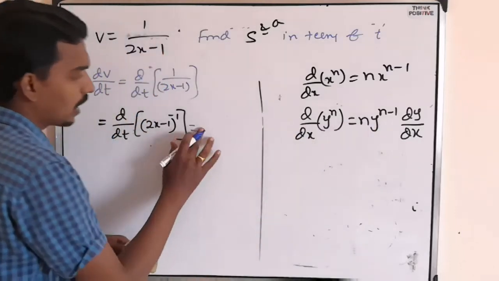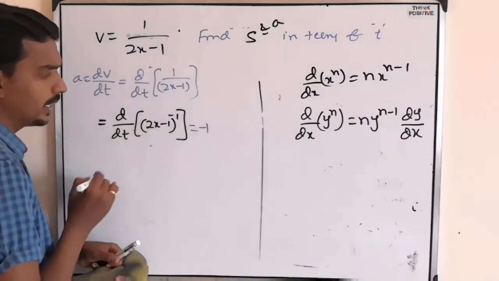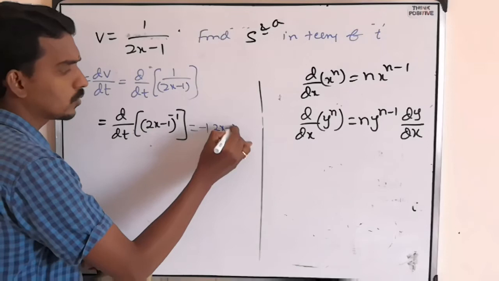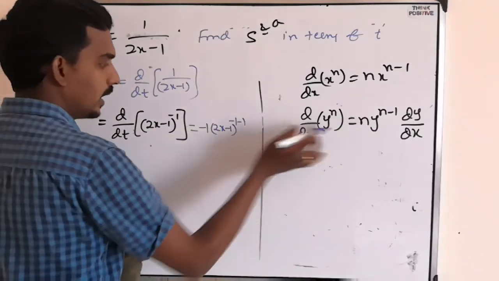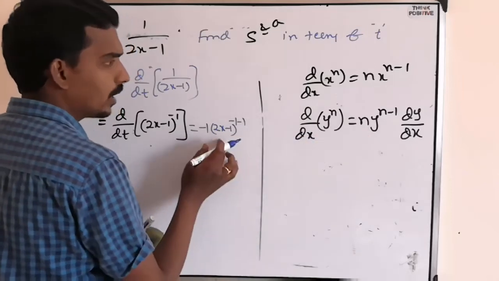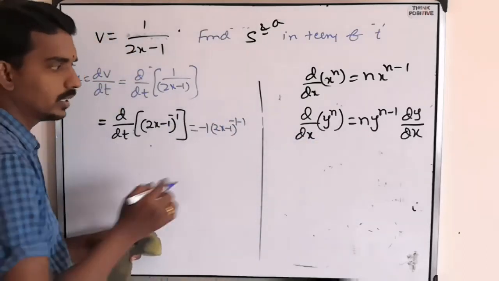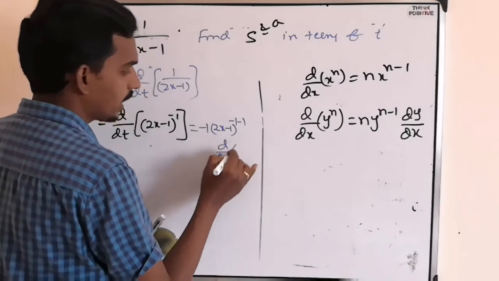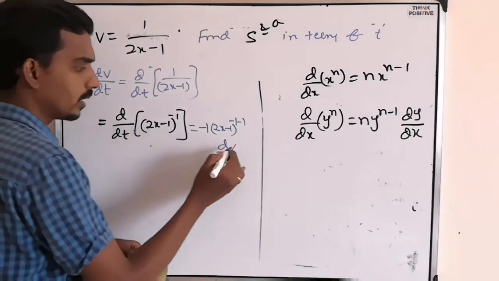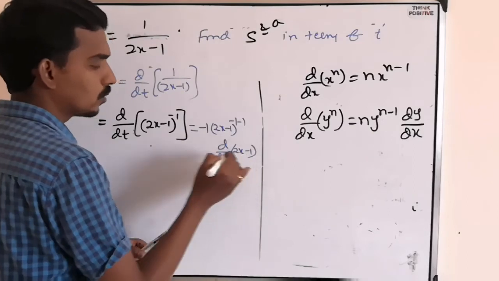You will apply the formula first. So minus 1 into 2x minus 1 whole power minus 1 minus 1, like n into y power n minus 1 into dy by dx. That is d by dx of, what is our y? 2x minus 1.